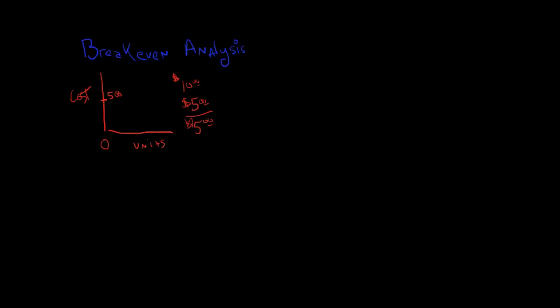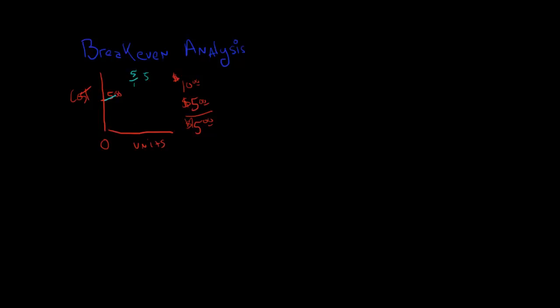So I'm going to draw two lines. This first line will be my cost line. I'll do my cost line in light blue. Every time I sell a unit, I incur a $5 cost. So in essence, it runs this way 1 unit and it rises 5, so the slope is 5.